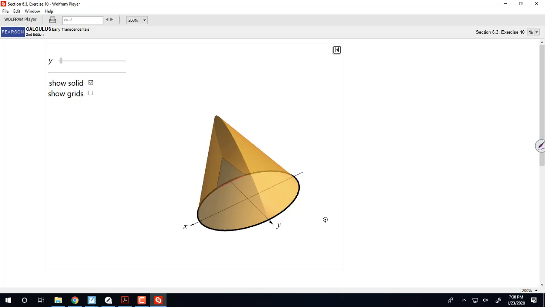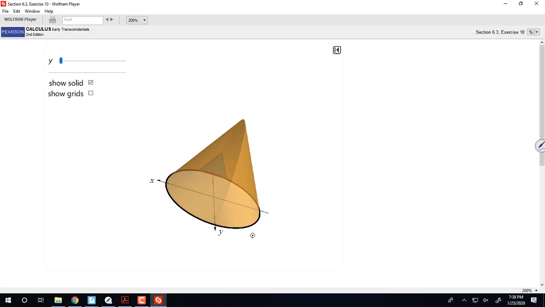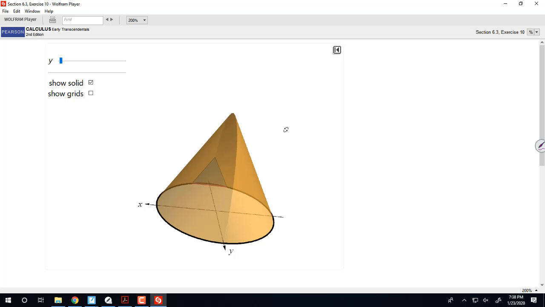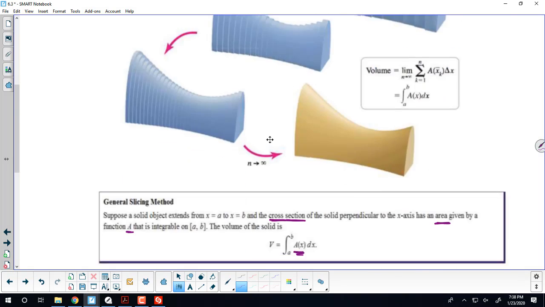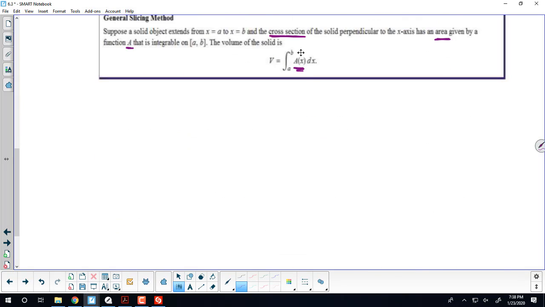So yeah, the figure looks complicated, but fortunately for us, every cross-section is the same, just like in those prisms and then in that cylinder. So we can use this particular method to determine the volume, which entails all we need to do is determine what's the area function. And again, the area function is attributed to the cross-sections.